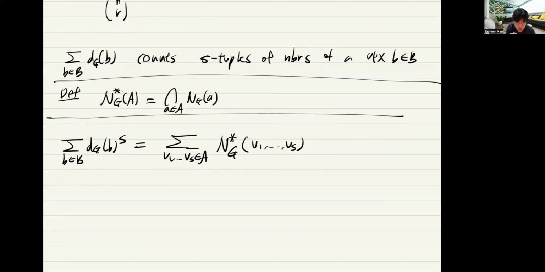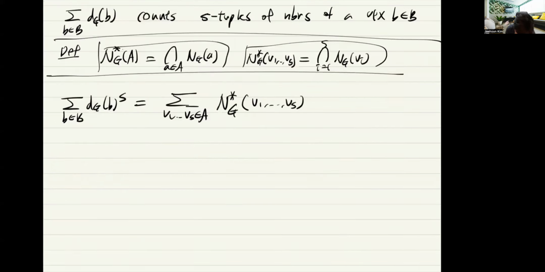You take the neighborhood of each vertex, and then you take the intersection. Let's use this notation of N star.